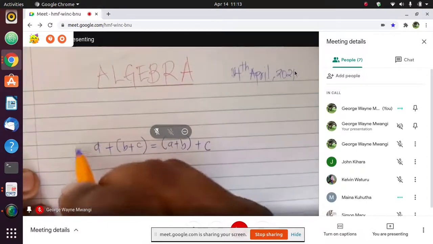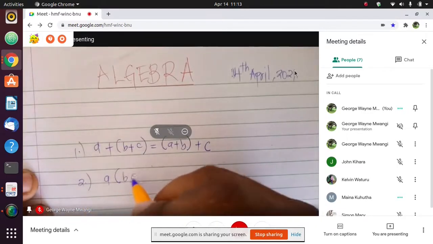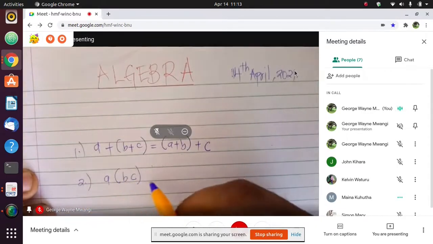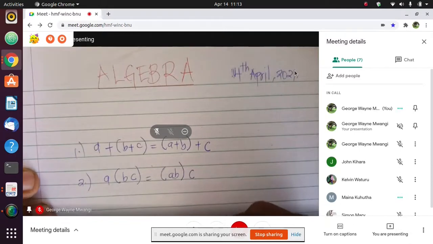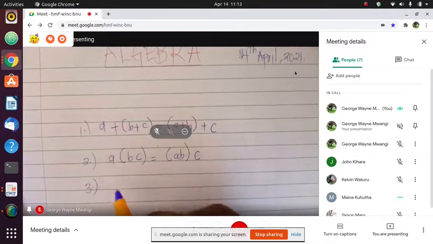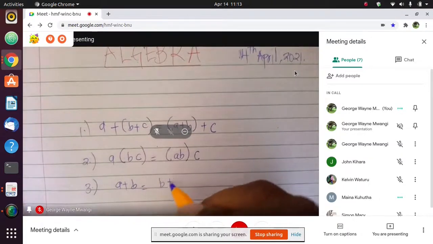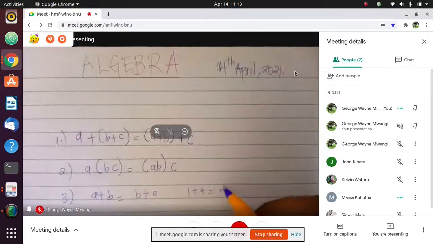Another one is a times bc in brackets is the same as a times b into brackets times c. Another law that we will apply in algebra is a plus b is equal to b plus a. For example, if I say 1 plus 4, it is the same as saying 4 plus 1.